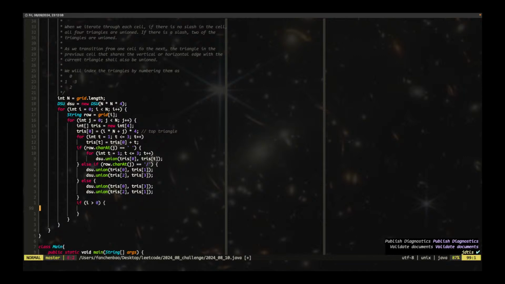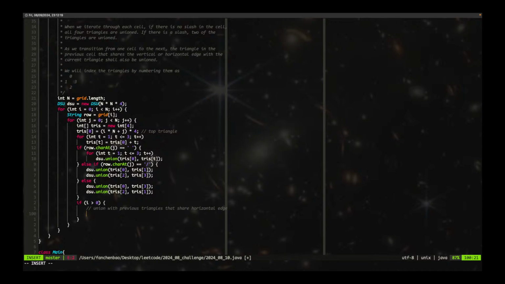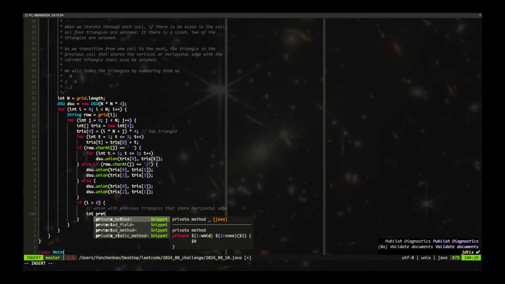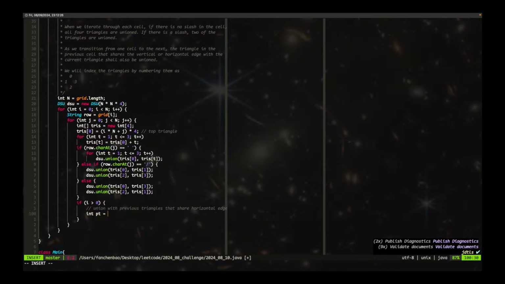Actually, we need to put in here. Okay, so if i is larger than 0, then we need to find the previous triangle. So int pt, okay?